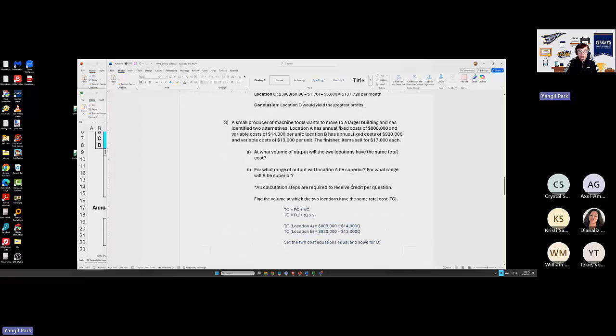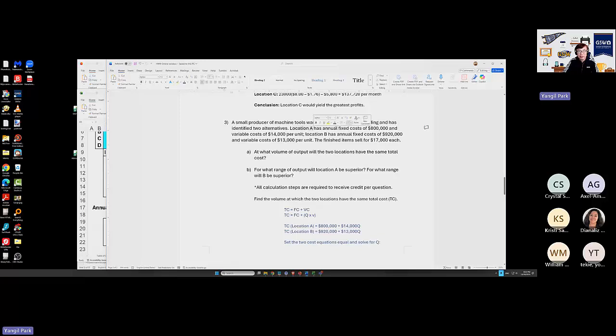And question number 3, that's very similar. Okay, this time again it's relocation for this company. This company is producing some machining tools, some kind of machines, and here's the information.